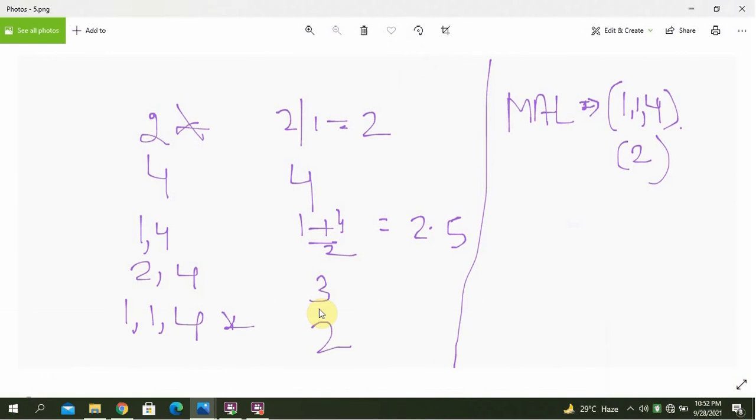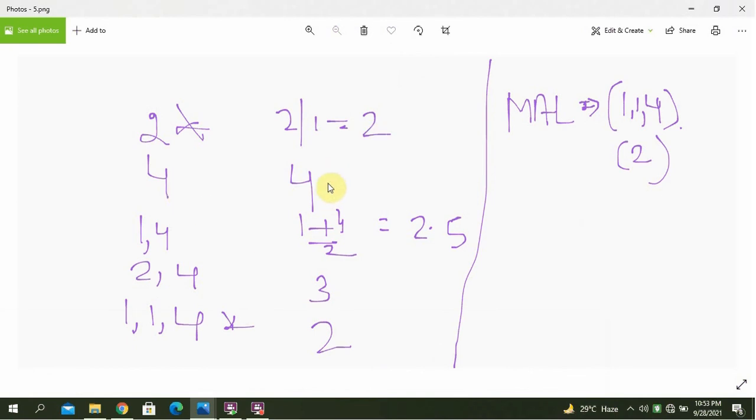Now how to find the average latency. Average latency of a cycle is the sum of its latencies divided by the number of states in the cycle. For example 2: sum of its latency divided by number of states in the cycle, 1 state, so 2 by 1 equals 2.